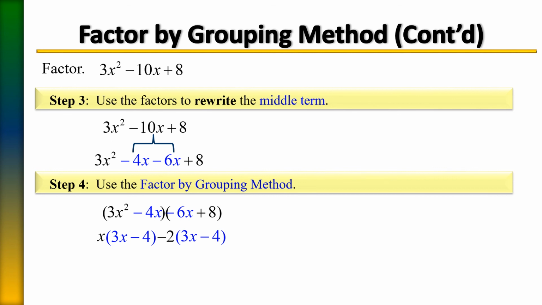The GCF is 3x minus 4. And what is left once you take that GCF out? Yes, x minus 2. And there you have it. We factored the trinomial and we have the same answer we did when we used the trial and error method. So there you have the factor by grouping method.